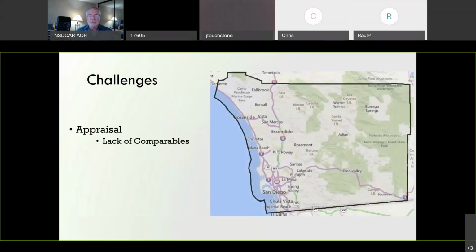The other challenge here is the appraisal process. As a lot of you experienced realtors already know, they're out looking for comparables, and that's sort of an Achilles heel for us. Sometimes we'll go into areas where there's not a lot of income properties to compare to. I'm in the North Park area, so I feel confident that the appraiser won't have challenges coming up with comparables.